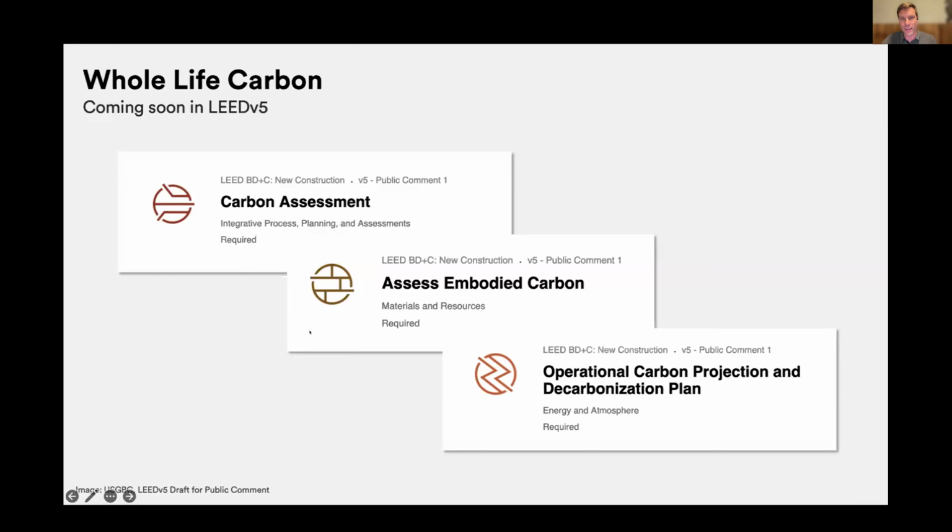A required credit in the materials section of the certification is to assess embodied carbon, and the operational carbon projection decarbonization plan, using the word projection because you have to look into the future using these grid scenarios to do it, is required as part of the energy and atmosphere set of credits. So we see this moving from, we'll say, an academic exercise at the edge of practice to being actually core to the way buildings and retrofits will be designed and delivered in the future.